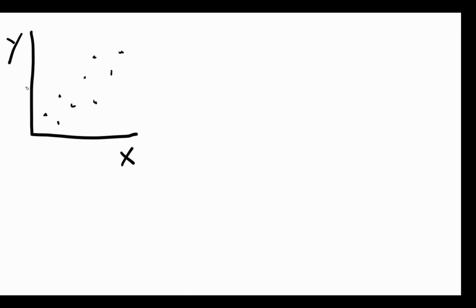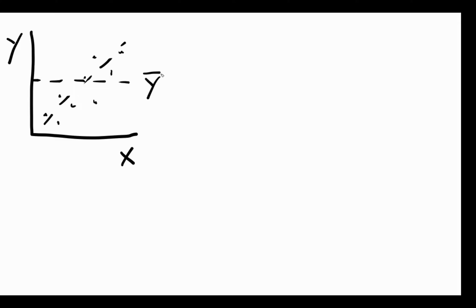Now we can think about two ways of representing the statistics of these data. We can think about the mean of the data in terms of y, right? This is going to be the value y bar that we've previously discussed. We can also think about the best linear fit of these data. And the question we're going to ask now is what better explains the scatter of the data?